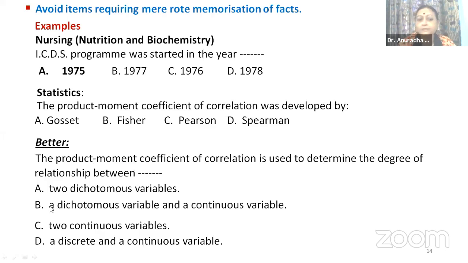It is used to determine the degree of relationship between two dichotomous variables, a dichotomous variable and a continuous variable, two continuous variables, a discrete and a continuous variable. So now you're actually testing not just his memory of that name. The name is important. Pearson, Spearman and Fisher, in fact, are definitely important for statisticians. But apart from this, can you design this question in a little different way so that you test the understanding of what is meant by product moment correlation coefficient?